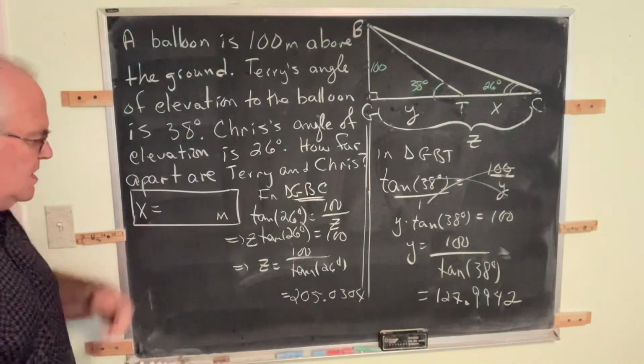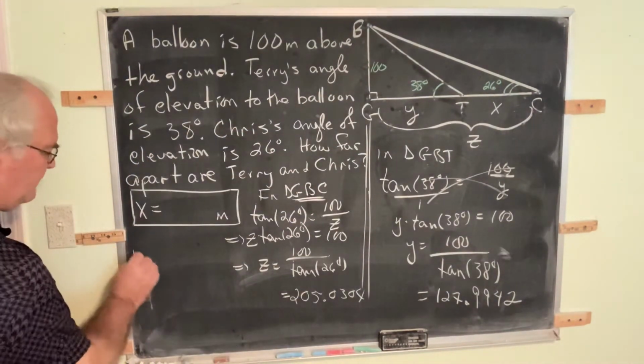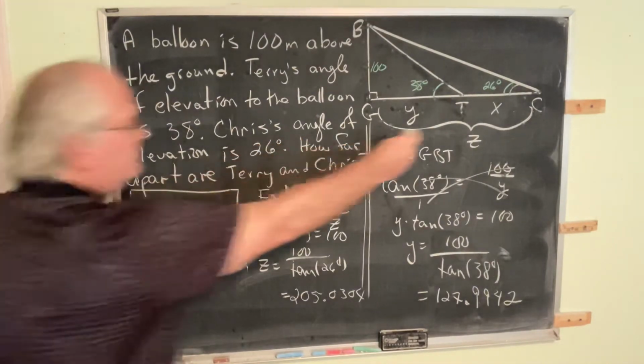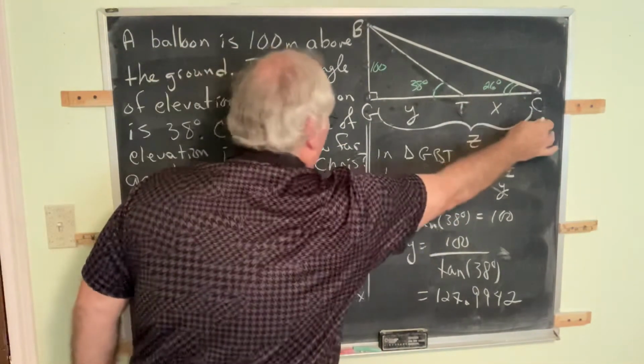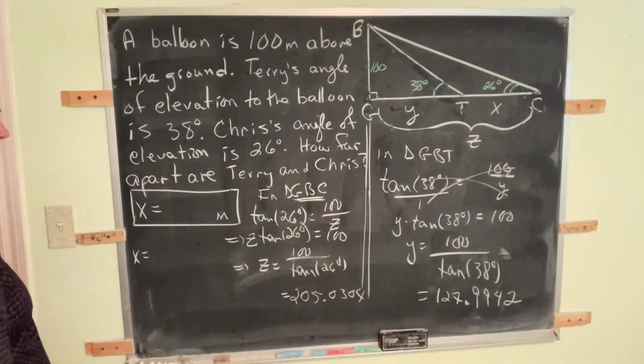And so the last piece is straightforward. The piece we're looking for, X, the distance here, is the grand total distance, subtract off the piece we don't want.